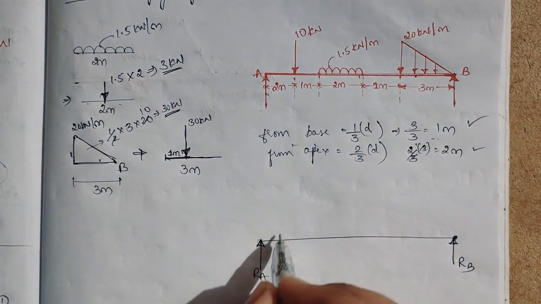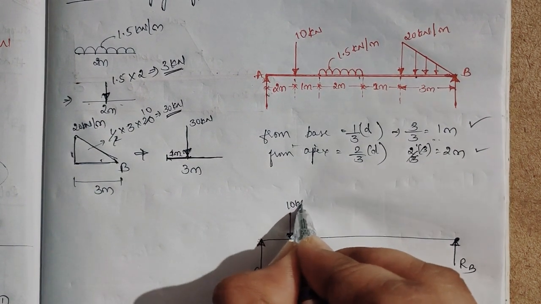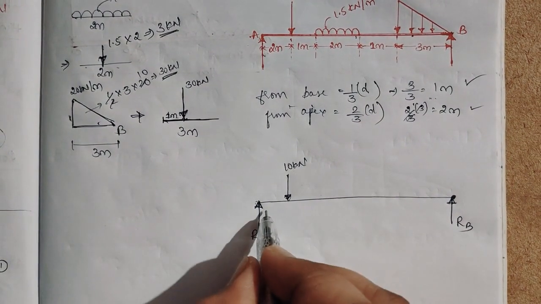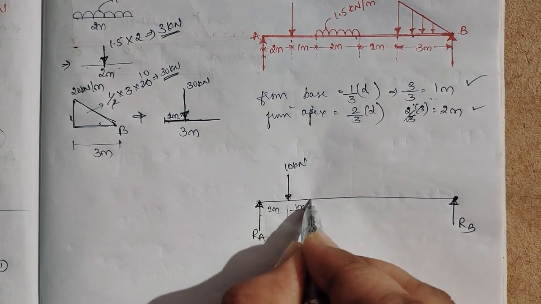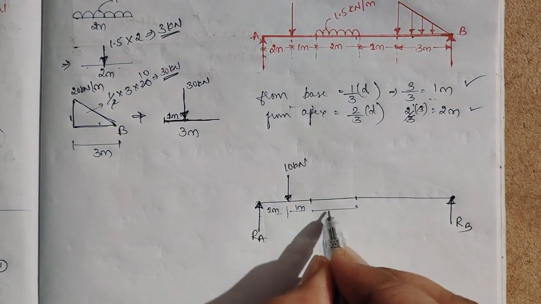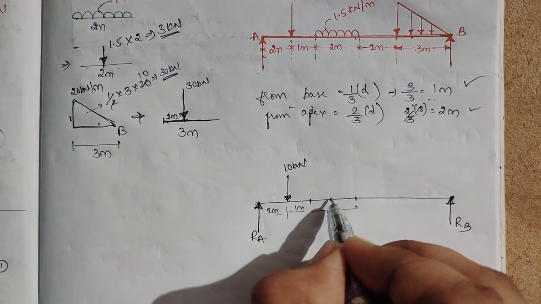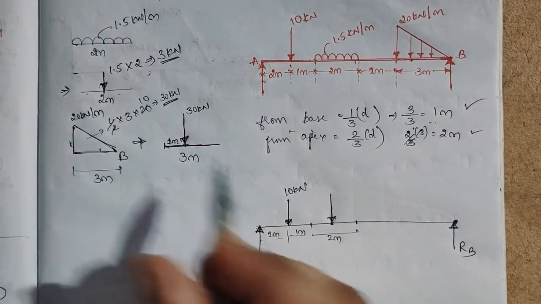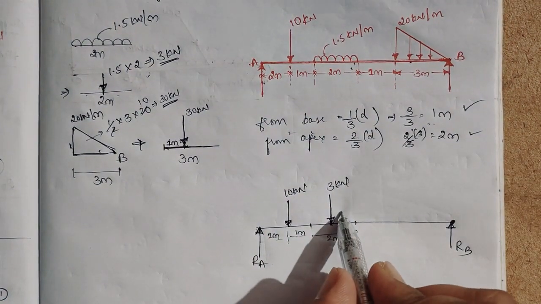Then at 2 meter it has one 10 kilonewton force, not inclined, so I'll take directly 10 kilonewton, purely vertical. Then at the midpoint another point load will be there, which we converted. It will be 3 kilonewton. Instead of UDL I'll write 3 kilonewton because I converted that.